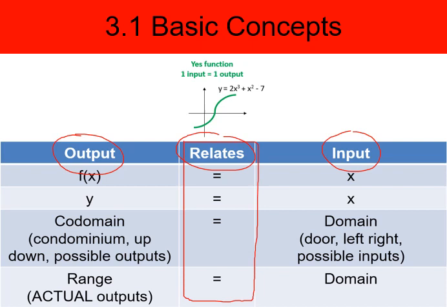Equation has the symbol of equals. Let's look at the input. Input is the thing that appears at the x-axis here. It's obviously representing the x-axis elements, so we can use the x to represent it. Sometimes we call it domain.